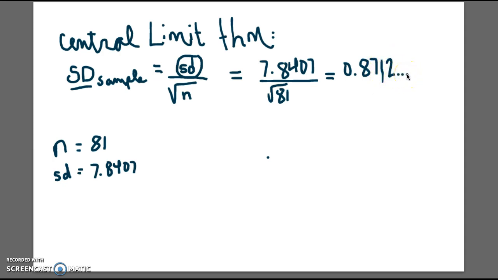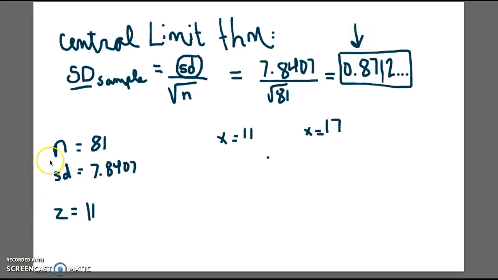So now you have a new standard deviation. You still are using ages 11 and 17, and you're going to do the same problem again. It's just with a different standard deviation.